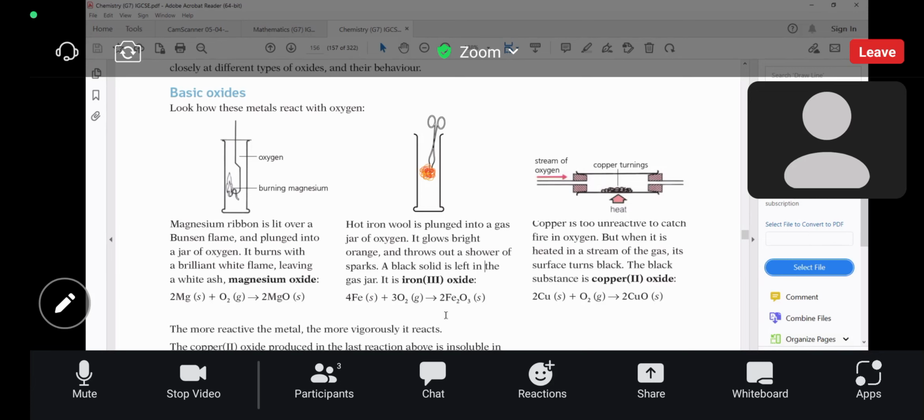The top one will quickly produce the product, and when you go downside, the time taken for the production of product will increase. That means the reactivity decreases. And you need to know the color of these substances. Magnesium oxide is white and ferrum oxide Fe2O3 is black, and copper oxide is also black.